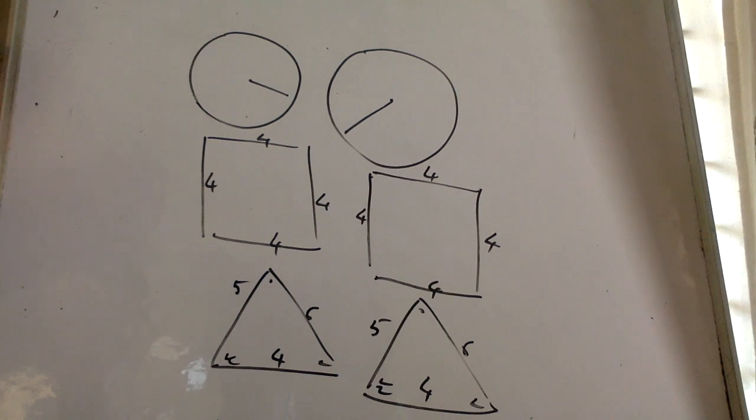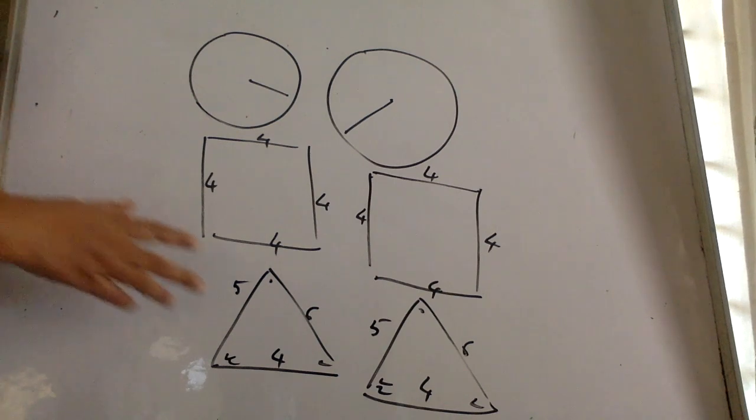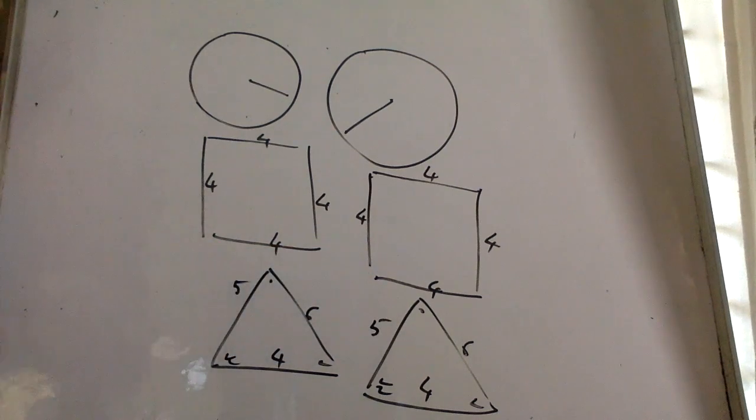and they'll give you some data, not everything. Maybe they'll talk about two sides and one angle. They will give you some details about the two triangles, and they will expect you to test and find out whether those two triangles are congruent to each other or not.